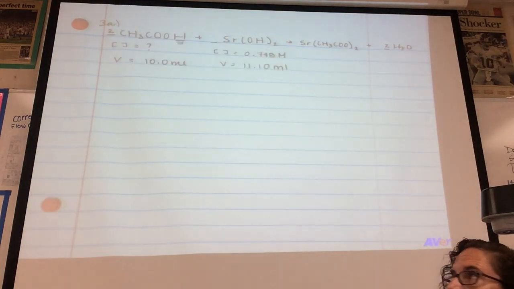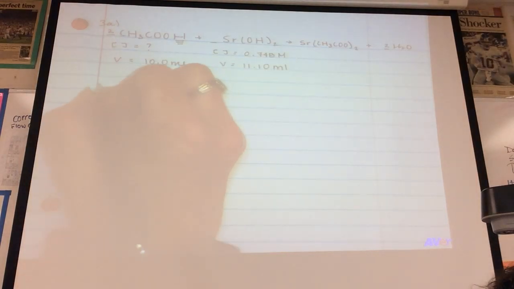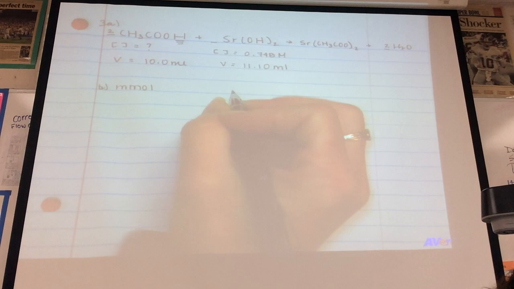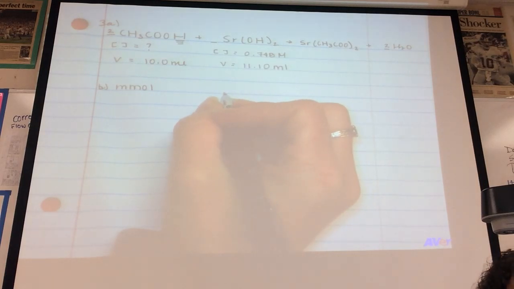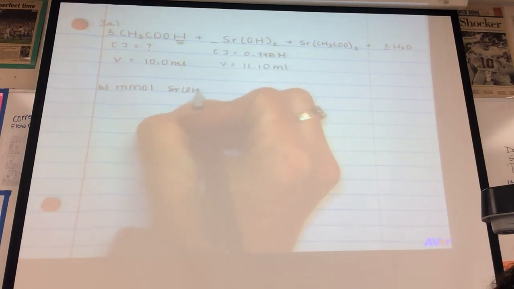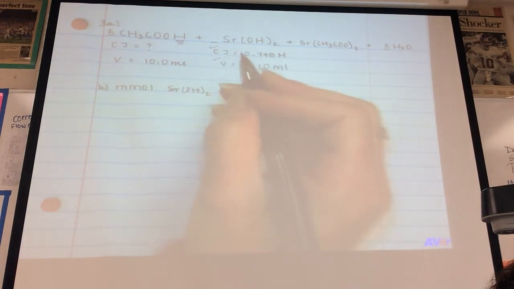So that's the first step. And what are you going to get millimoles of in this problem? Why must you get millimoles of the base first? Because you have them both. Good.